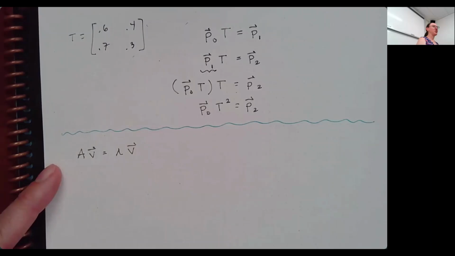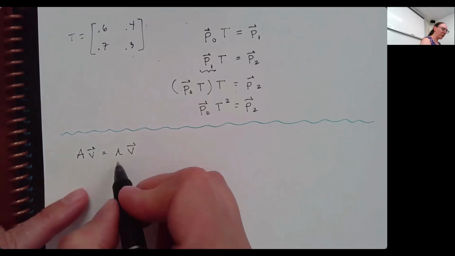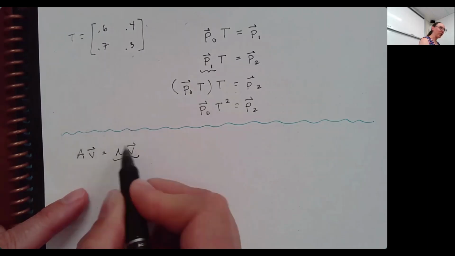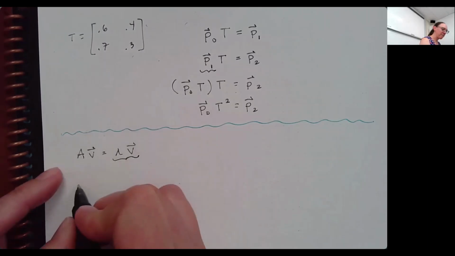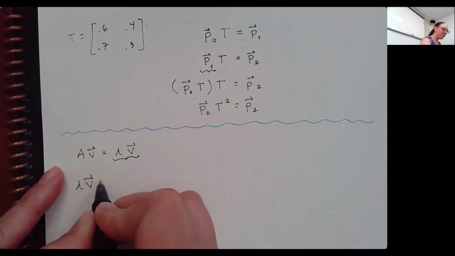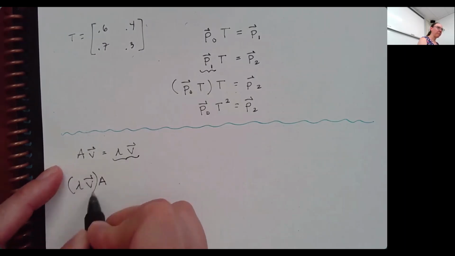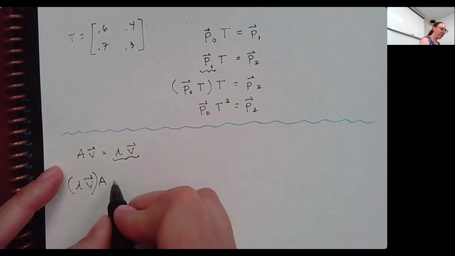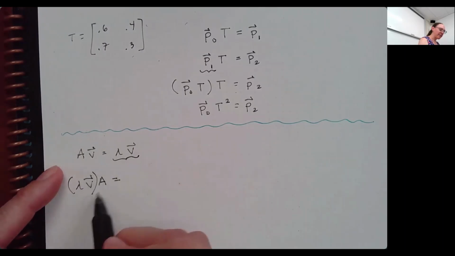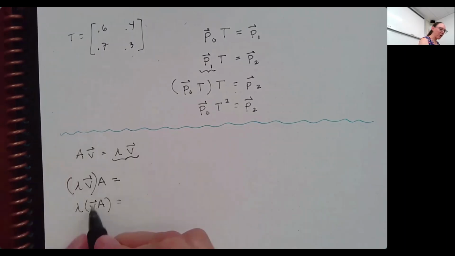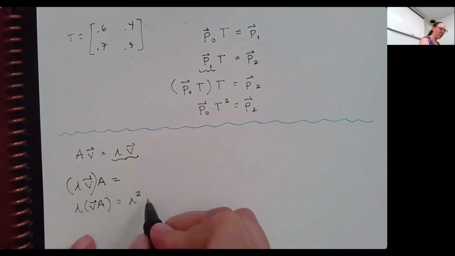So if I imagine doing this repeatedly, grabbing this as my new matrix, then this tells me I've got lambda times V1A, which means that's going to pop out another lambda for me.